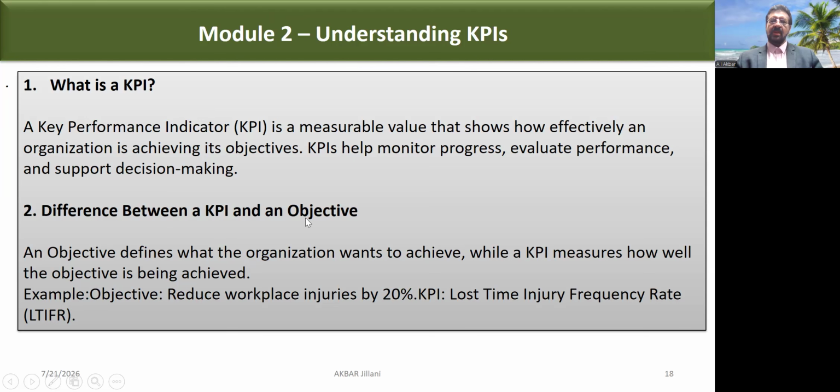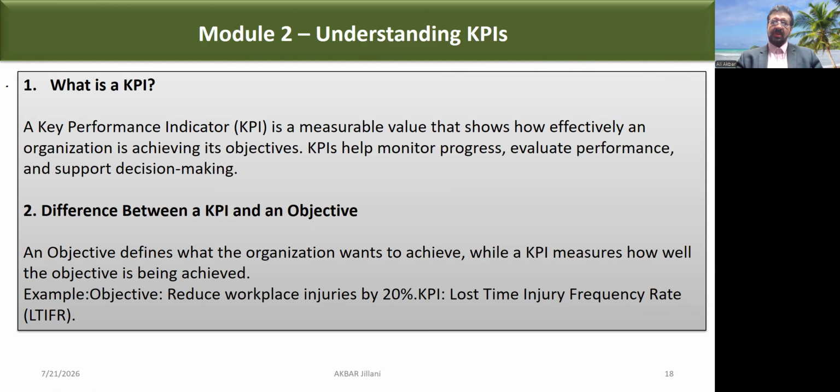The difference between a KPI and an objective: an objective defines what the organization wants to achieve, while a KPI measures how well the objective is being achieved. So objectives define what the organization wants to achieve, and to measure them, we have KPIs.